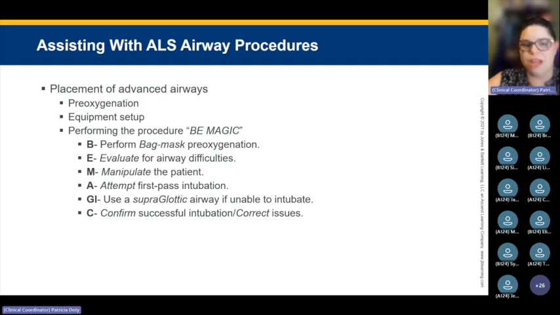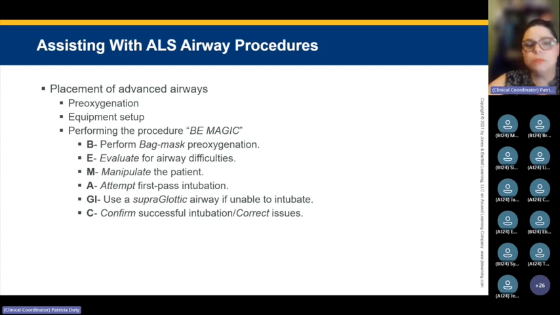Perform bag valve mask pre-oxygenation, evaluate for airway difficulties. Manipulate the patient. What does manipulate mean? That means we're going to maneuver them the way we need them to. We're also going to use suction and things of that nature. We're going to use our laryngoscope handle and blade, even maybe some McGill forceps at this point.